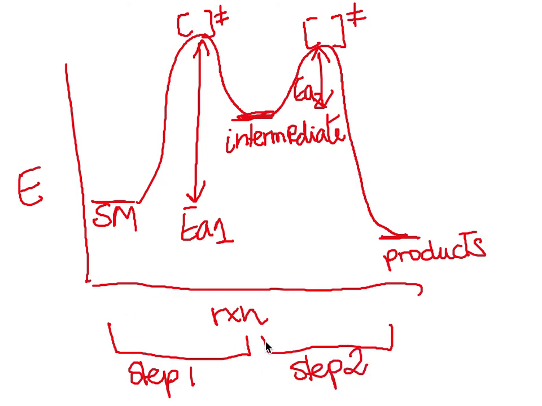Because the activation energy of step 1 is much higher than the activation energy of step 2, that means that the reaction will proceed based on this first step. So this first step will be the rate determining step. So the reaction will go as fast as this first step can go, because this second step is much quicker.